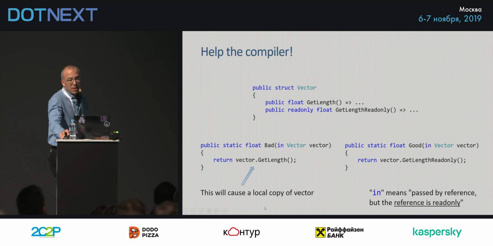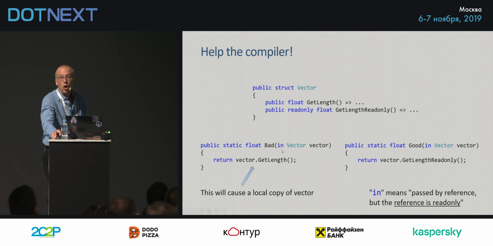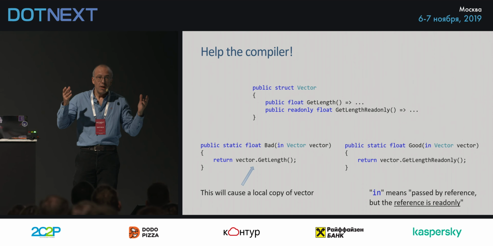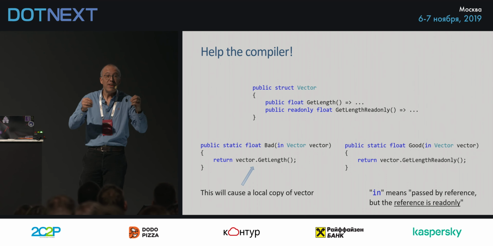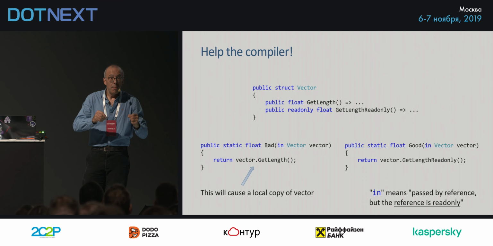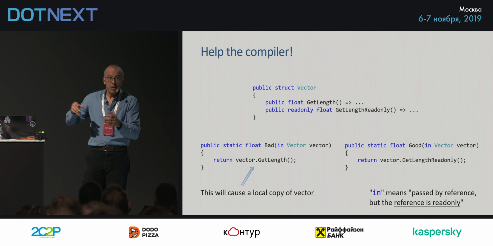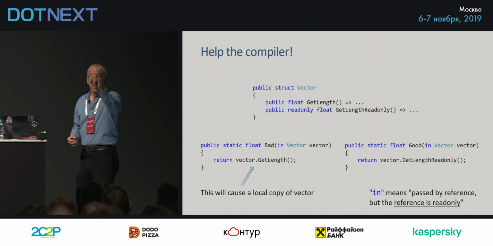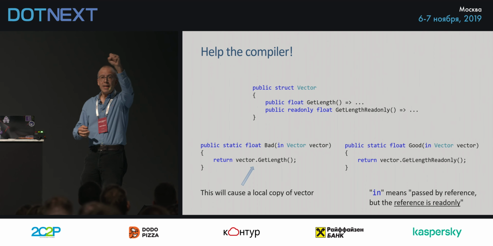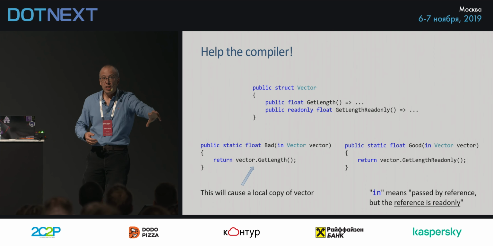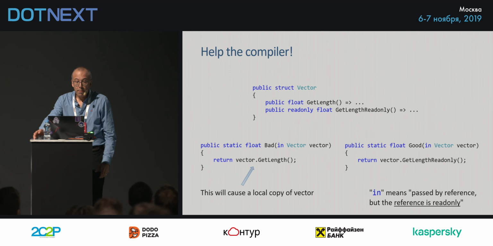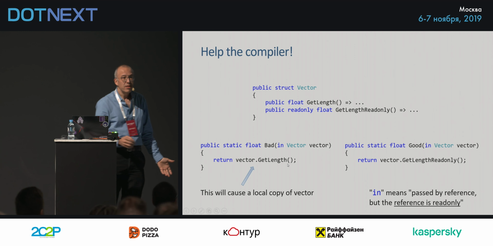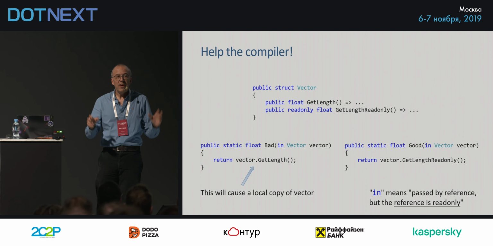Therefore, since in is a reference read-only, which means basically it's like putting ref, but you are not going to modify the reference itself, okay? But the content, the instance that is pointed to, is different. So you are going to pass the reference, you are promising that you are not going to change the reference itself, but since you invoke a method that is not marked as read-only, it will make a defensive copy.